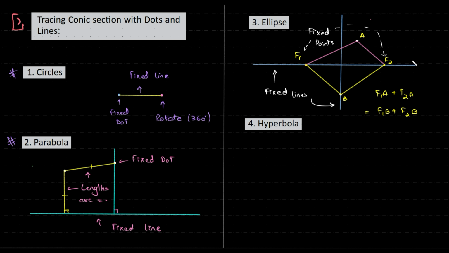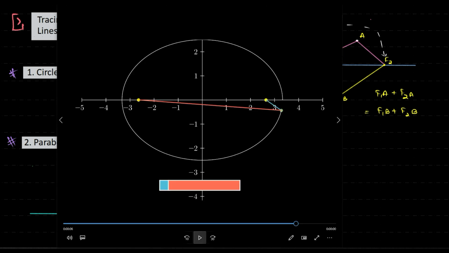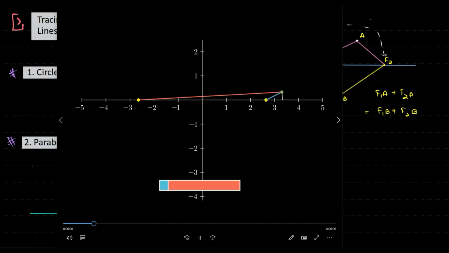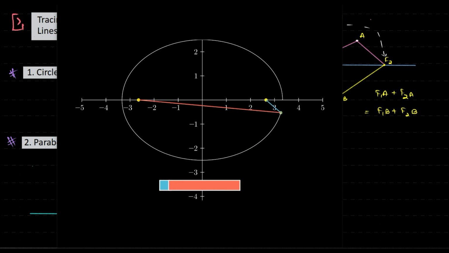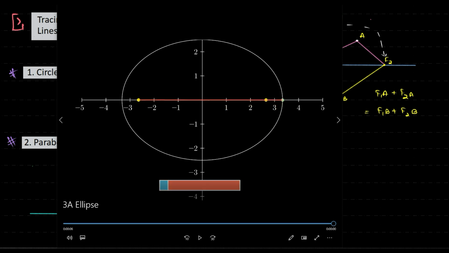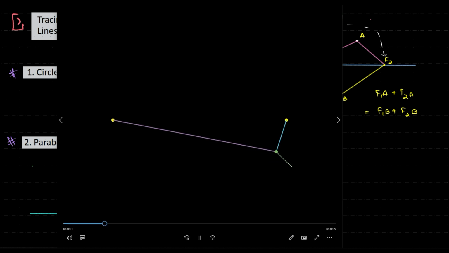With this condition, we'll be able to draw an ellipse. I'll show the video again. Yeah, it's still available. Okay, it's done. The next one, and the last one, is your hyperbola.